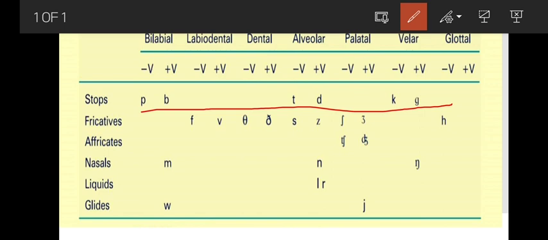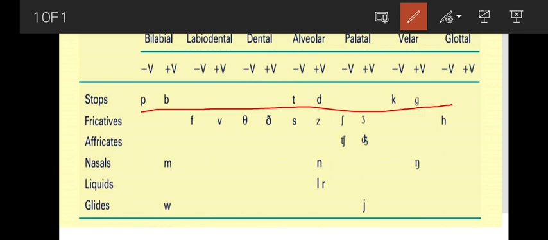Your lungs produce the air stream, and that air stream is vital to the production of sounds.